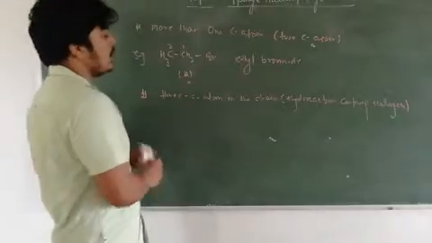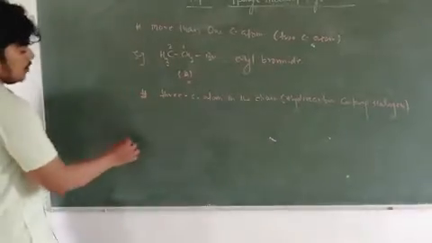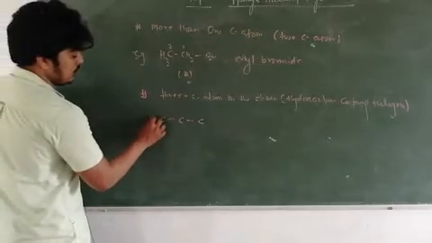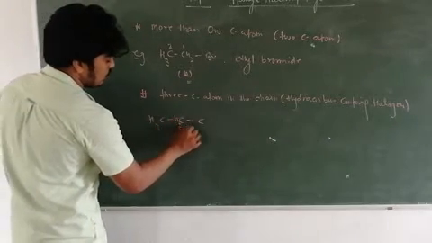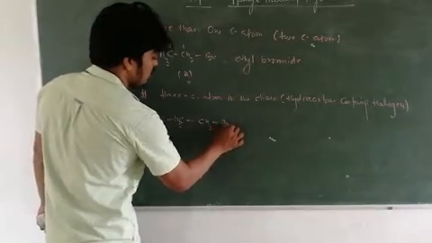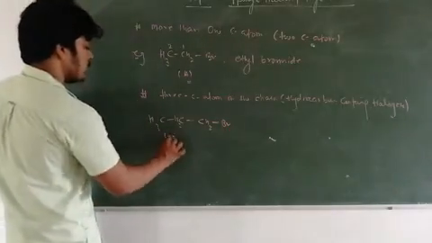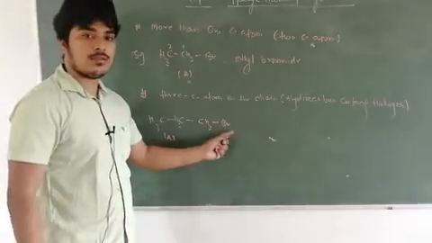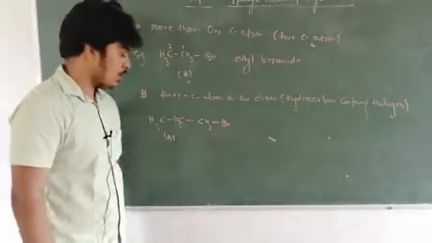Suppose there are three carbons, this is the three-carbon system, CH3, CH2, CH2Br. This is the first compound which can be made with three carbons. I am considering the halogen atom as bromine.